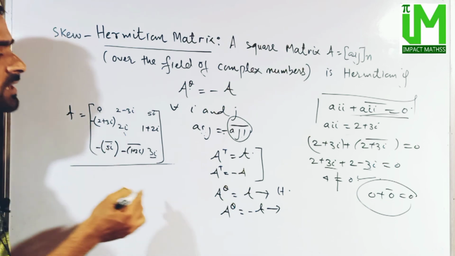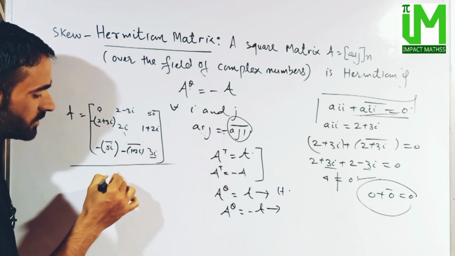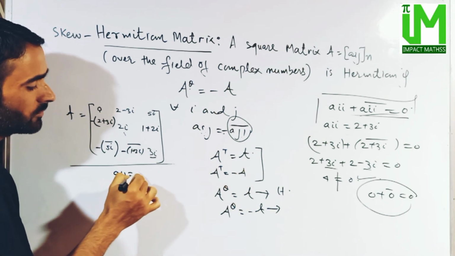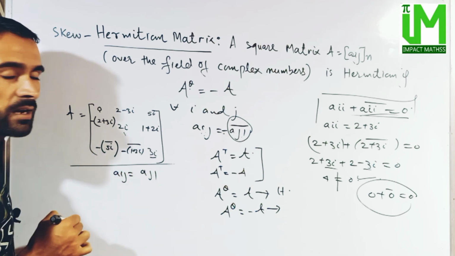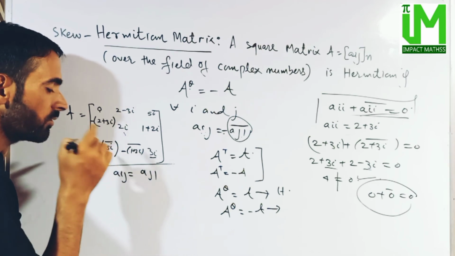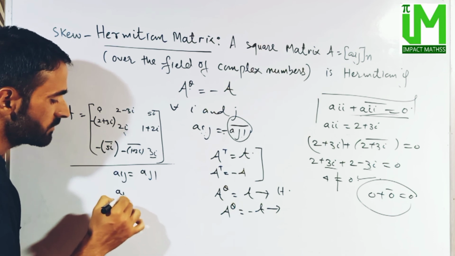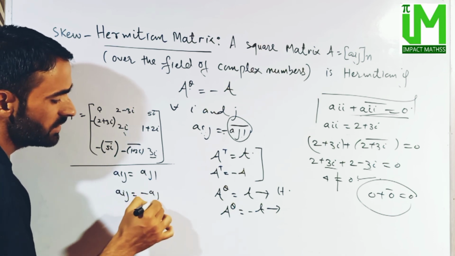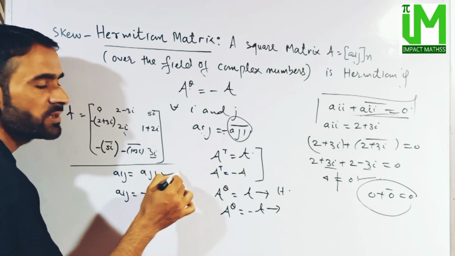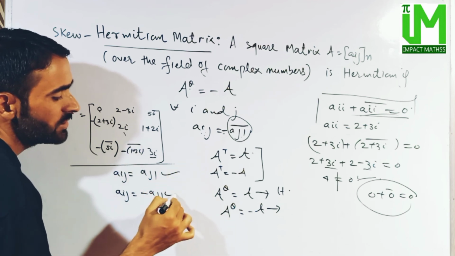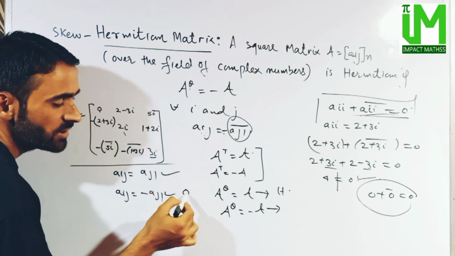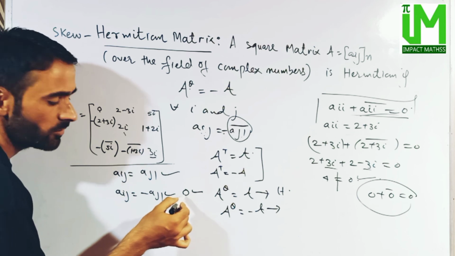एंड डायगोनल एंट्रीज में हमारे पास फॉर सिमेट्रिक मैट्रिक्स वी हैव a_ij is equal to a_ji, और होता है Skew-Symmetric Matrix में a_ij is equal to minus a_ji. यहाँ पे diagonal entries का no change, non diagonal entries are all 0, in fact diagonal entries are all 0.